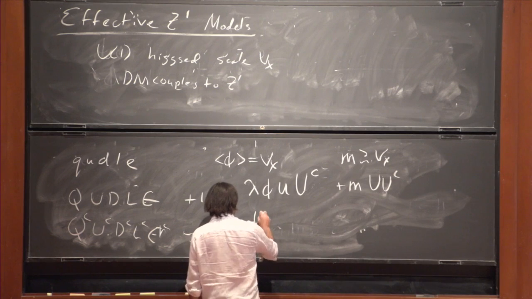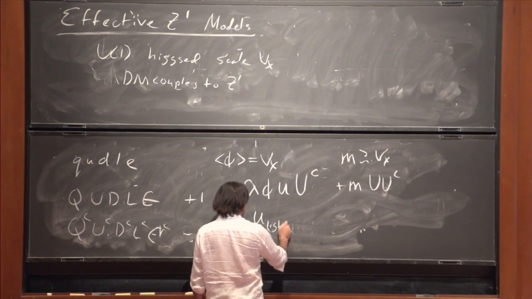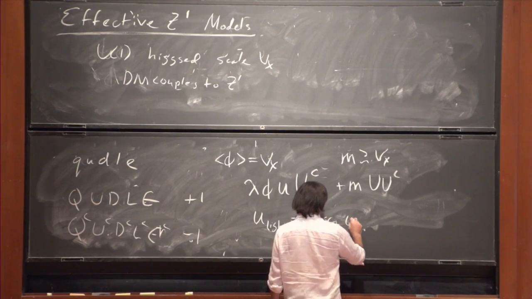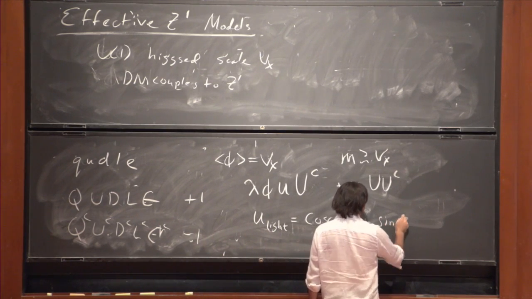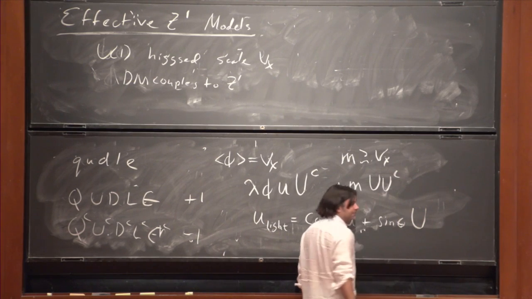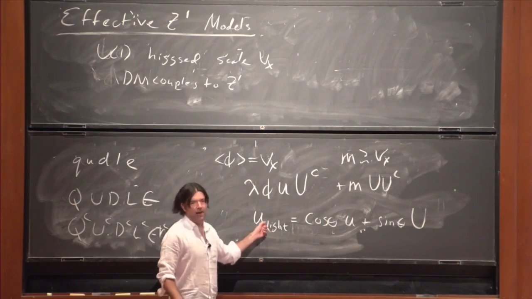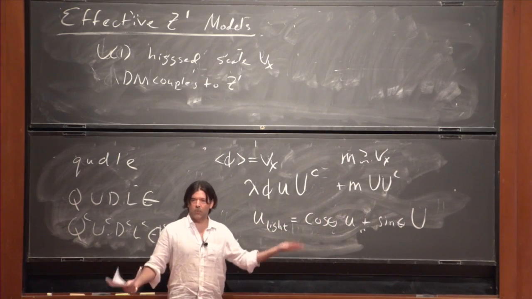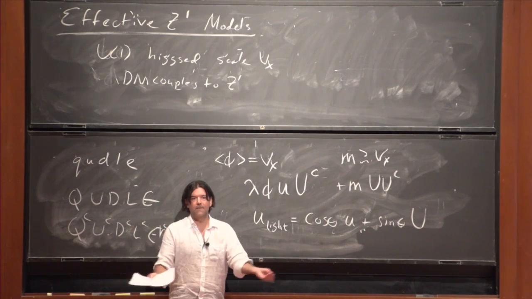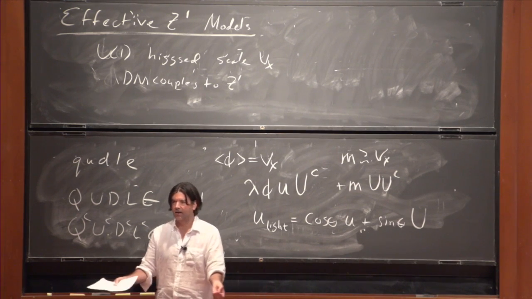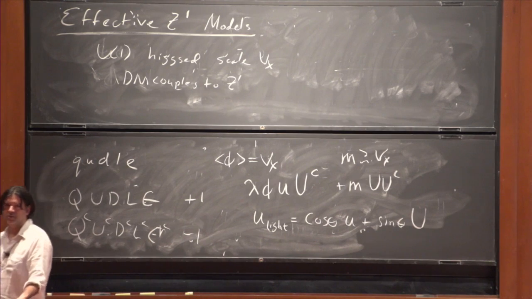So you end up with some light u, which is some mixing angle of u and some mixing angle of U. Right? And this light up quark is the thing that we then call the up quark, because it's the massless degree of freedom that picks up its mass at the end of the day via Yukawa couplings with the Higgs boson.